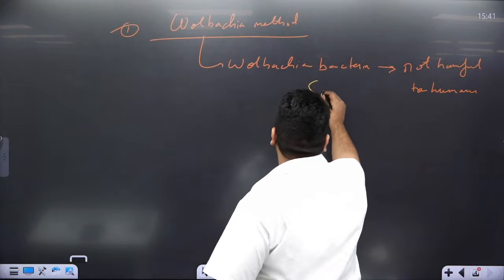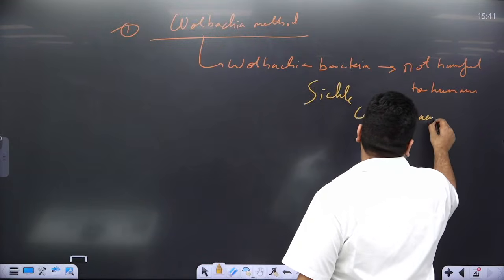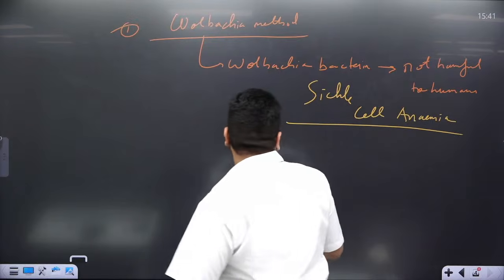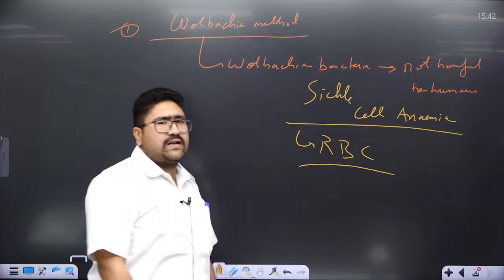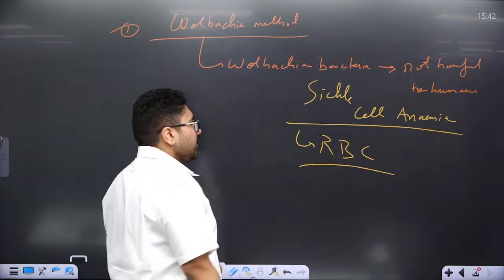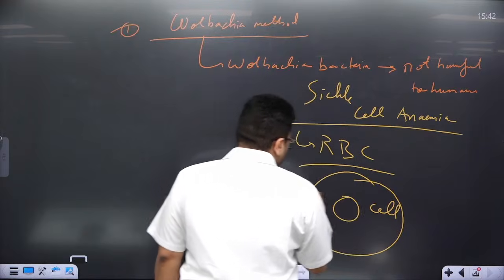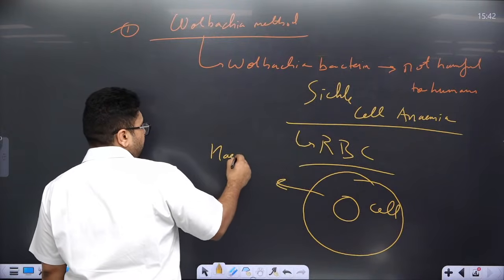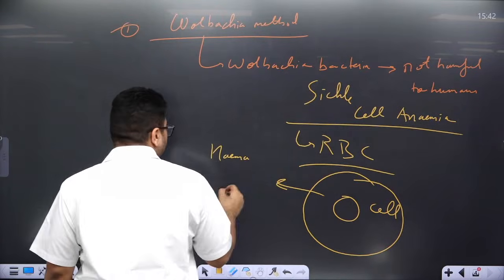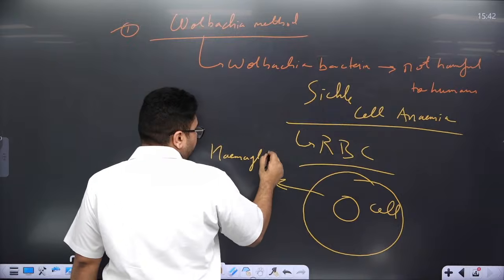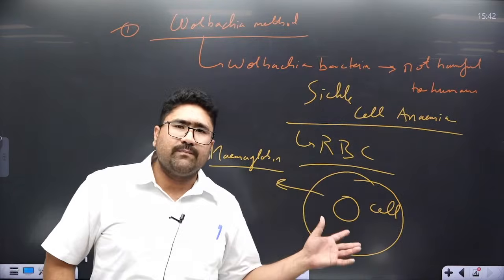So in case of sickle cell anemia, there is a cell inside your body known as RBC. RBC is a circular shaped cell having hemoglobin protein. The responsibility of the hemoglobin protein is to carry oxygen from one part to the other.